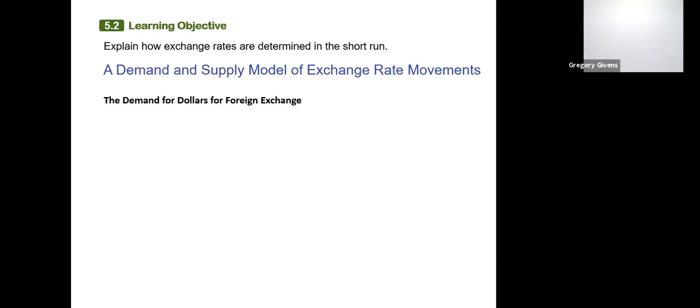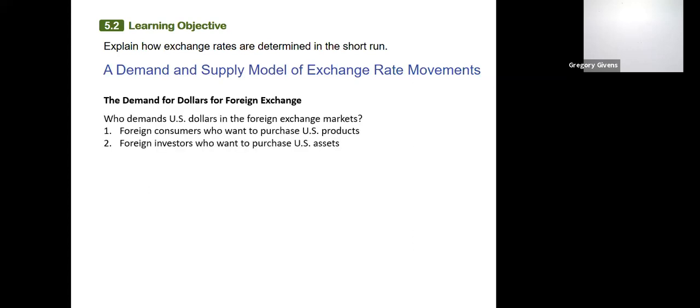How about demand? So who is it that demands US dollars then in foreign exchange markets? US residents are the suppliers of dollars, but where is the demand for dollars coming from? Well, foreign consumers who want to purchase products made in the USA or services that are provided here, or alternatively, and this one I think is probably the most important, foreign investors who want to purchase assets that originate in the United States.